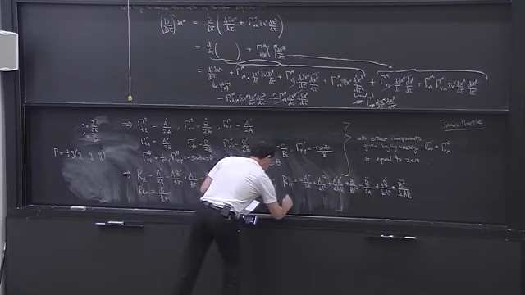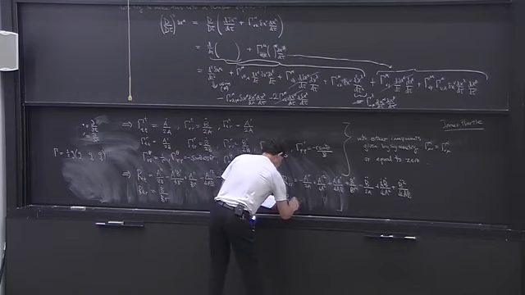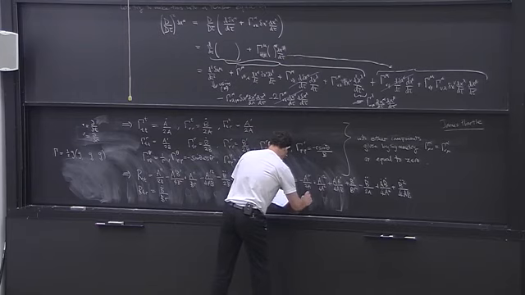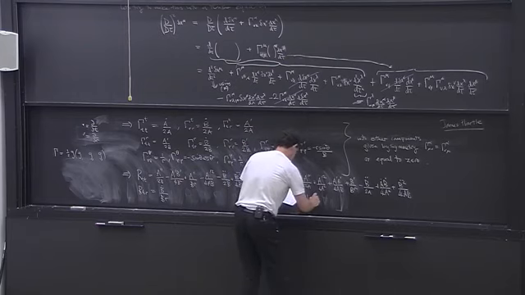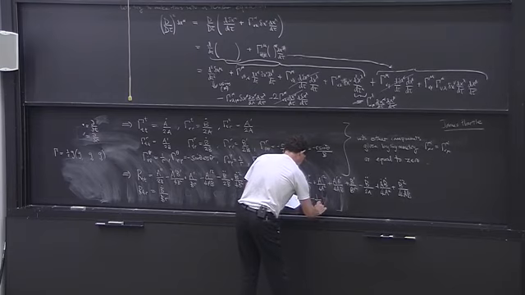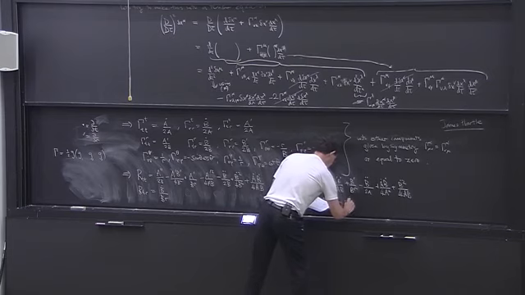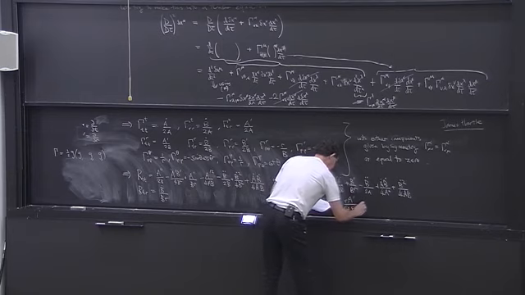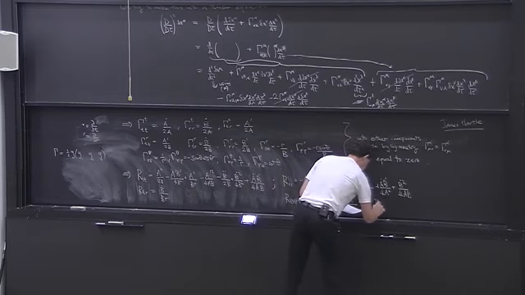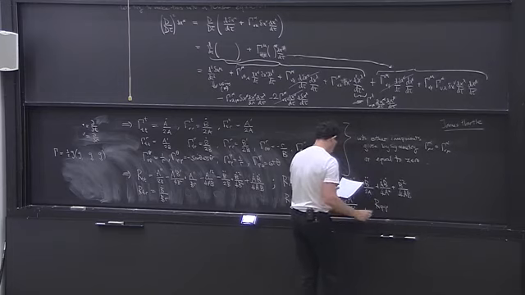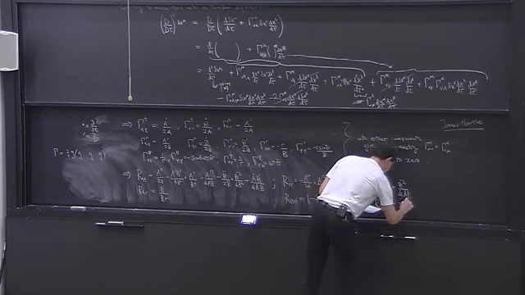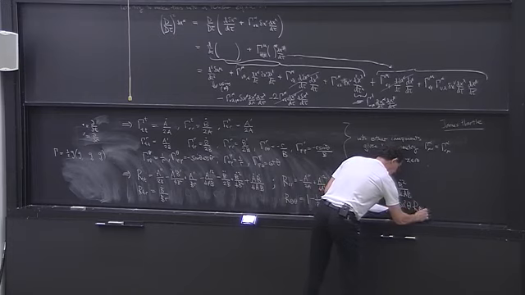And finally, our R_theta theta is equal to 1 minus 1 over B plus rB prime over 2B squared minus rA prime over 2AB, and R_phi phi is equal to sine squared theta R_theta theta.